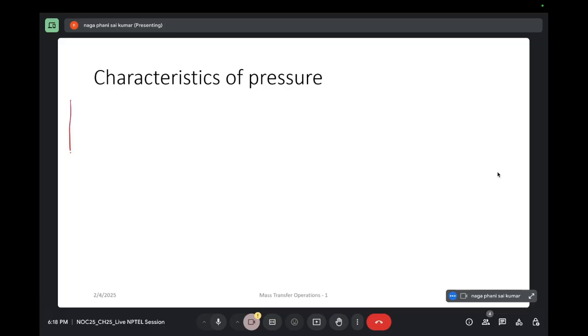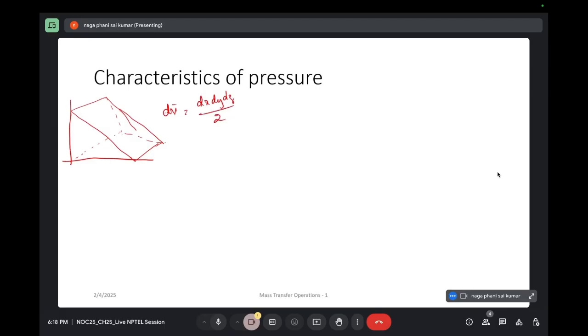So let's consider a liquid of volume, say dV, which is equal to dx dy dz by 2. This is the average volume.